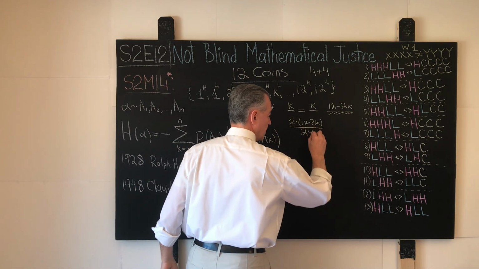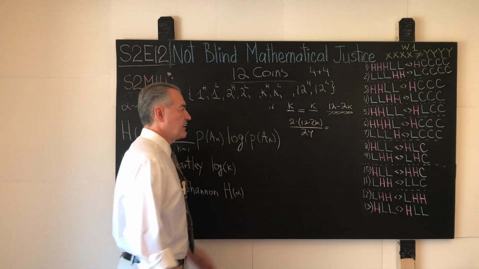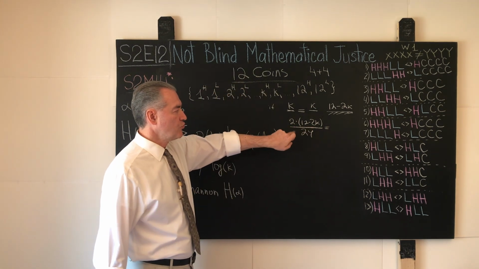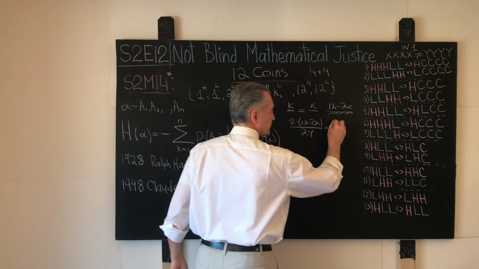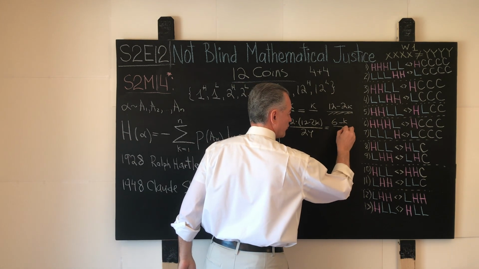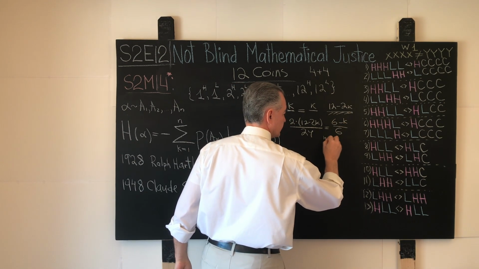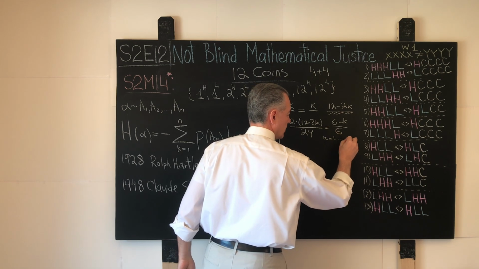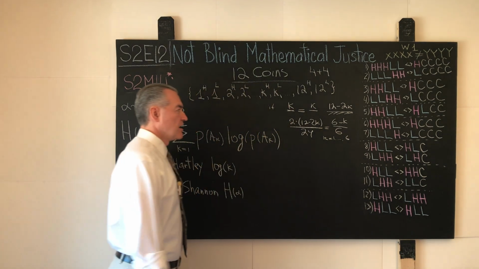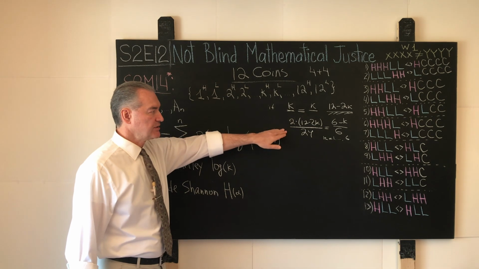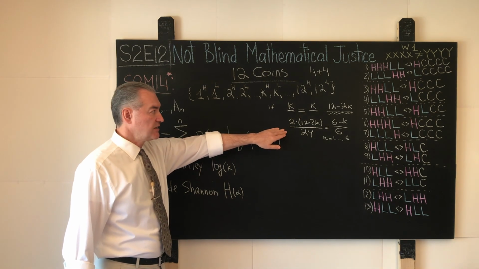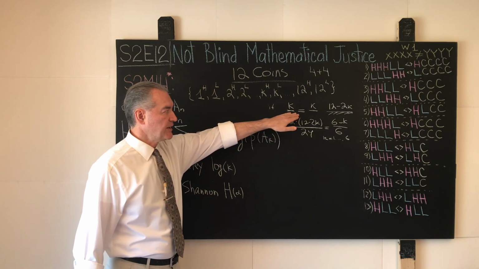That's 24. And once we cancel the 4s, we have 6 minus k over 6, where k, let's say, varies over 1 through 6. This is the probability of the event when the pans balance.